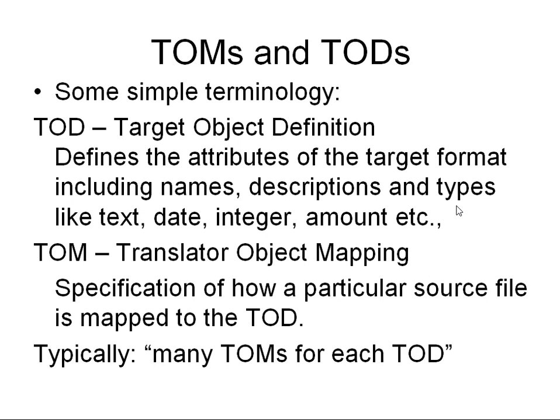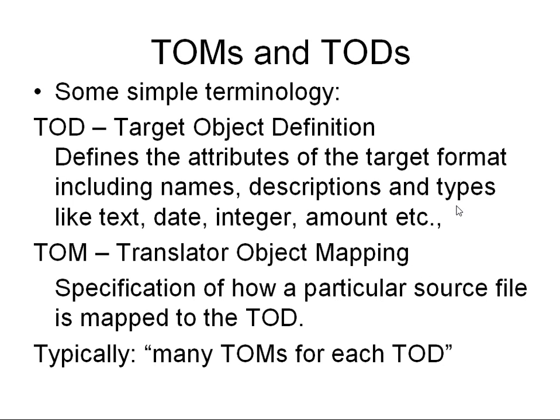So again, there's a set of standard TODs available, but it's very easy for us to tailor those or add completely new TODs for your particular environment, regardless of what industry you're in. If you have a specific format that you've got to map to, we can create a TOD that we can map to in our data translation engine.